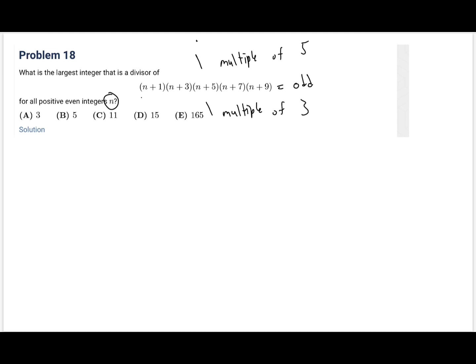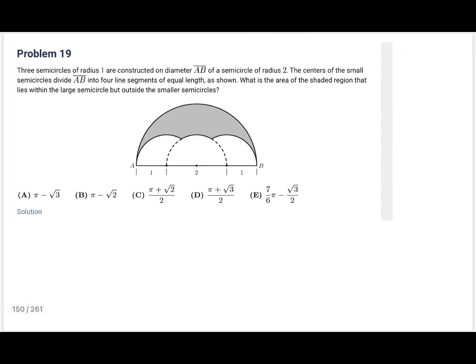But then we can't know anything else because there might be no multiples of 7 here, and obviously not multiples of 2 since it's odd. So these two are the only things that we can be guaranteed. So 5 times 3 equals 15. The answer is D.